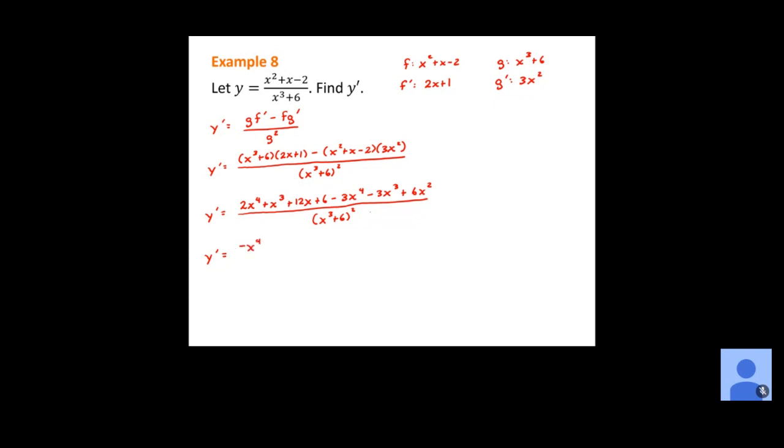Good. Combine your x cubed terms here. That's going to give us a negative 2x cubed. Perfect. We don't have another x squared term, so that's just plus 6x squared. There's only the one x term, so that's plus 12x. Same thing with the constant 6, nothing to combine that with, so we get a plus 6. And all of that goes over x cubed plus 6 squared.